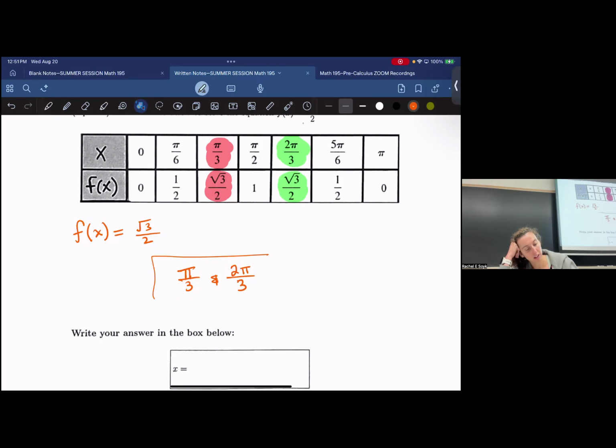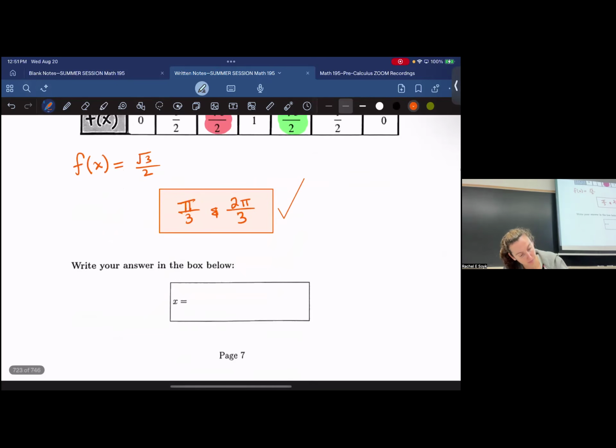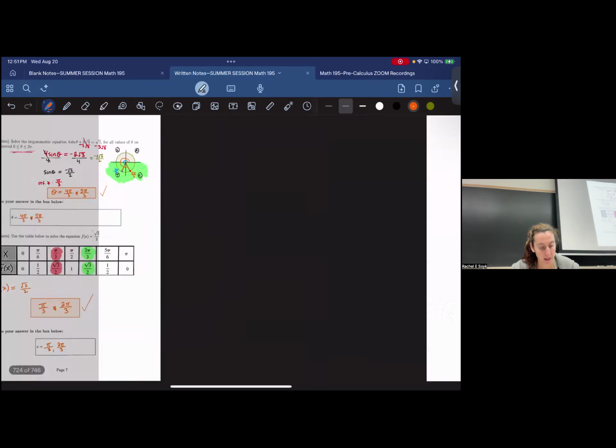Always double check that you're covering all your bases. You're checking all solutions. Move on to the next page.